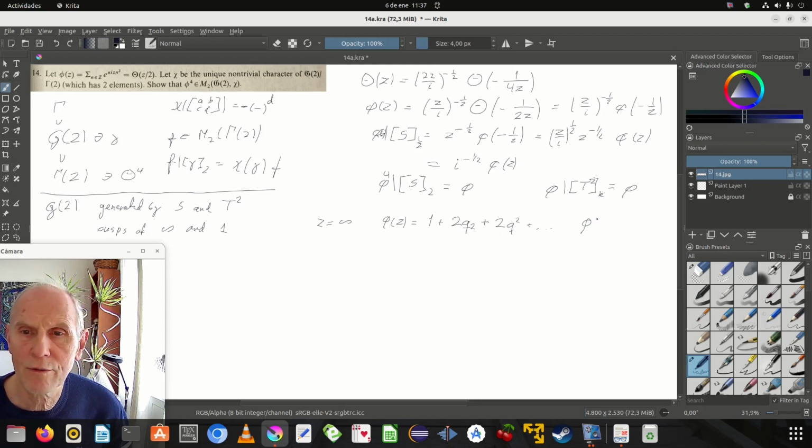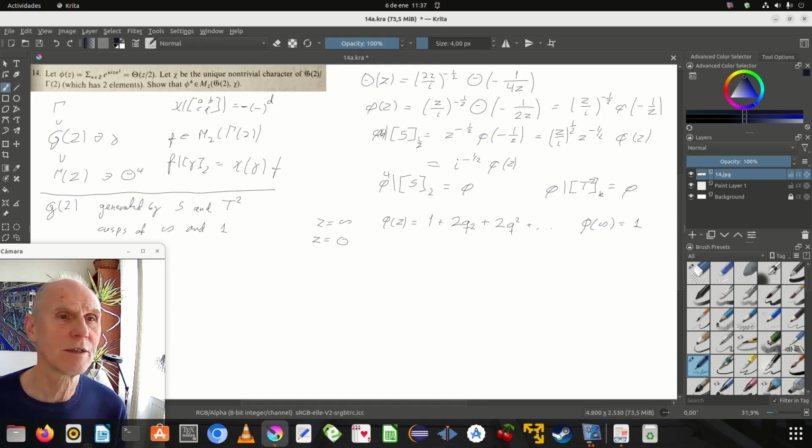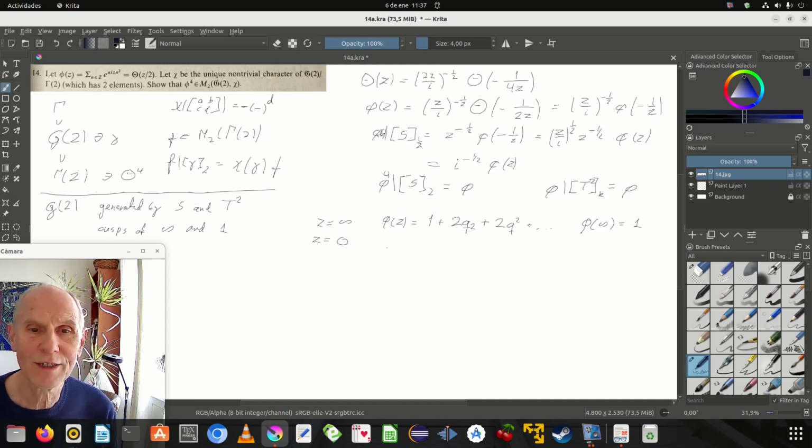And phi at infinity equals unity. At naught, actually, this is silly. It's phi to the fourth I needed to find out, but that's the same, of course. So it's the same value.